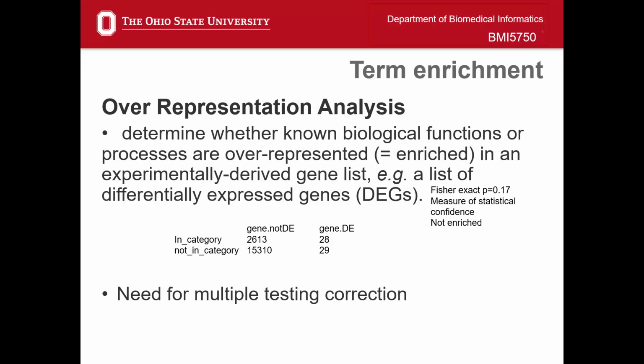We'll learn about Fisher exact tests and chi-squareds possibly next week when we talk about statistics. But we're looking for whether a gene term is more present in our differentially expressed gene list than we might expect. We also need to do multiple testing correction because we're testing for maybe 1,000 gene sets.